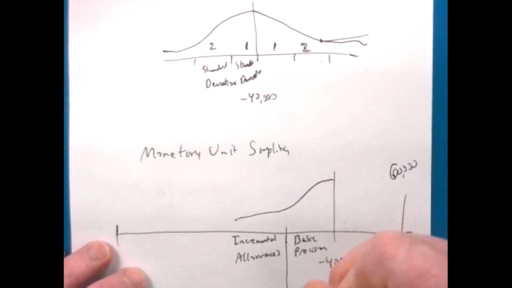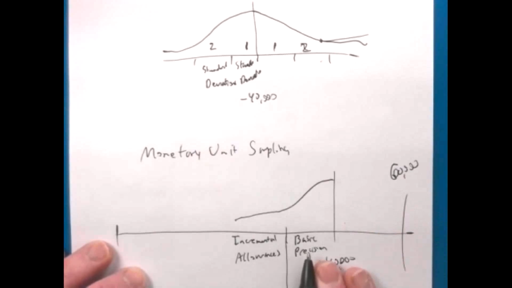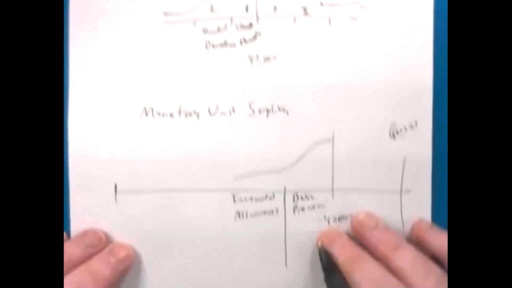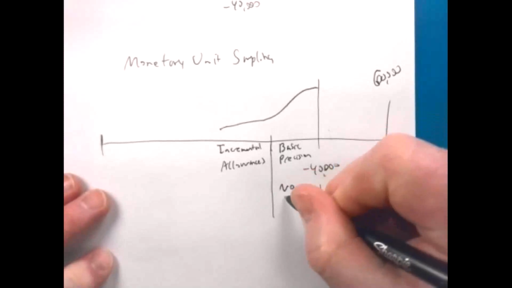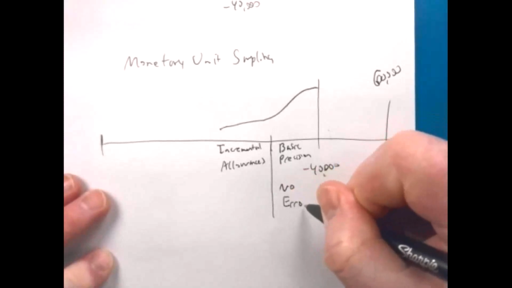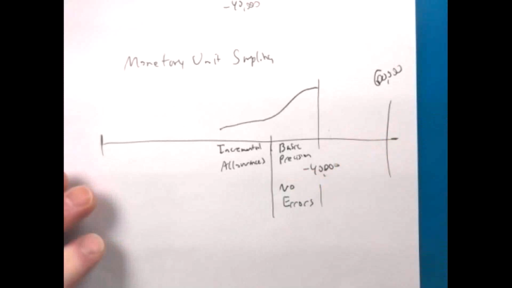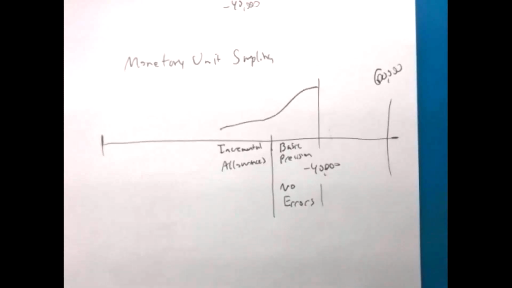The basic precision is the amount that it could be off if there were no errors. Remember, this is sampling. So even if we didn't find any errors, it could still be off just because it's a sample.